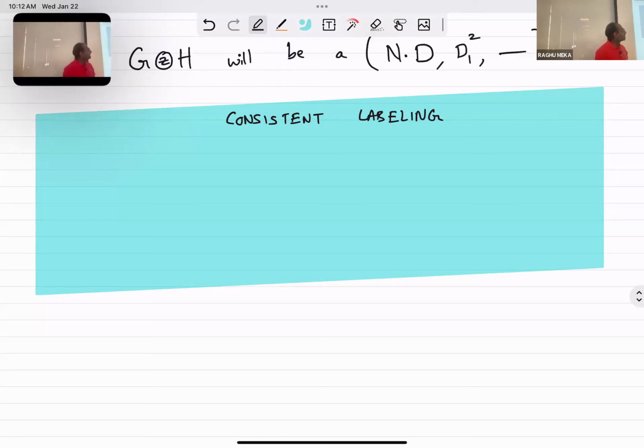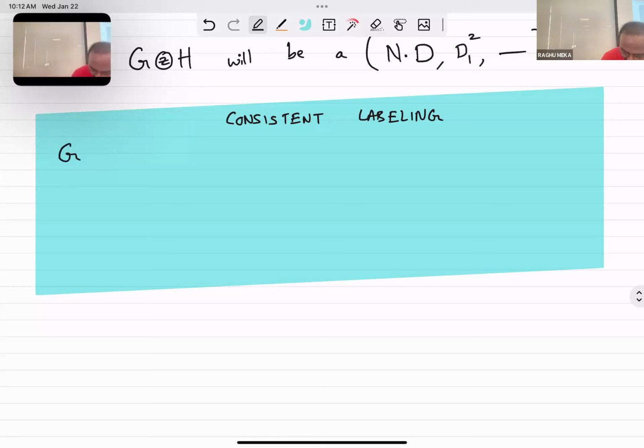Rotation maps or consistent labeling is just some standardization about how you're going to refer to the edges of the graph, right? So you have to fix some labeling of the edges of the graph so that you can say, okay, this is edge number 1, edge number 2, and so on. And once you have this, we're going to define how to do the operation.